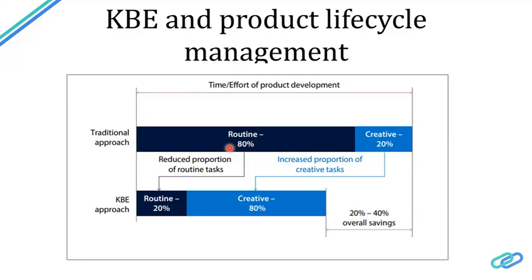In the KBE approach, you will invest more time initially to create the templates, and then very little time as you go further in the product development life cycle. In the traditional approach, you spend 80% of the time on routine work like creating templates.